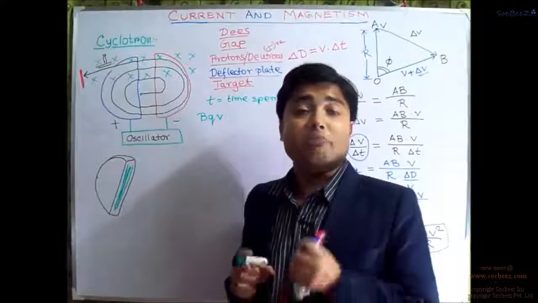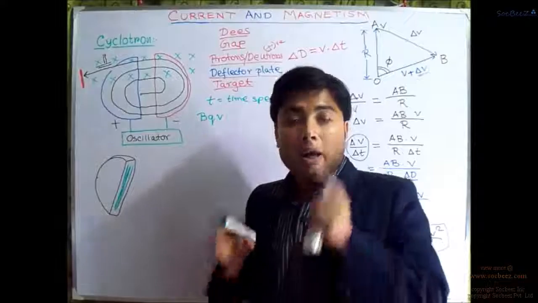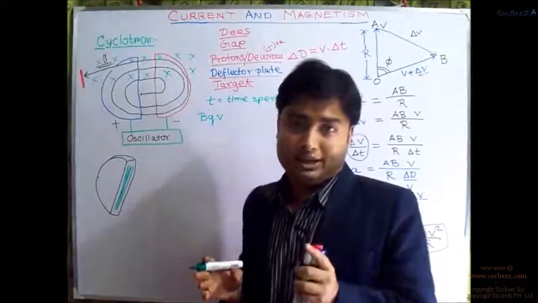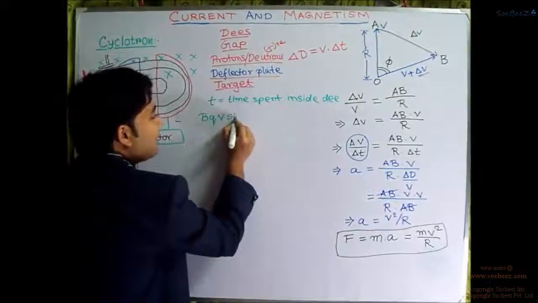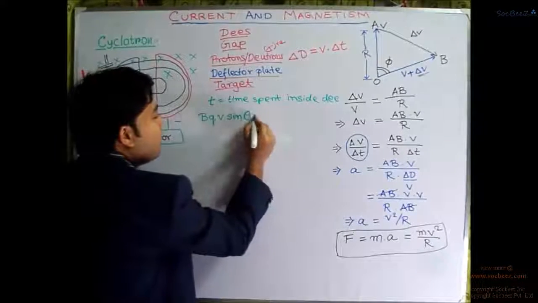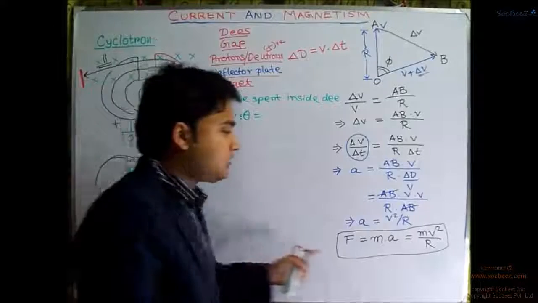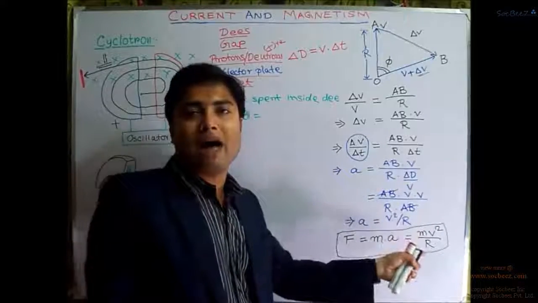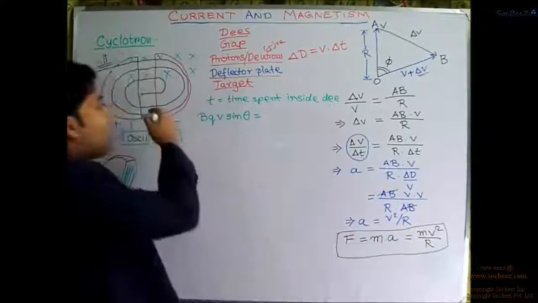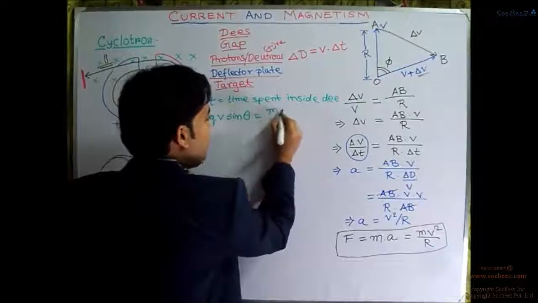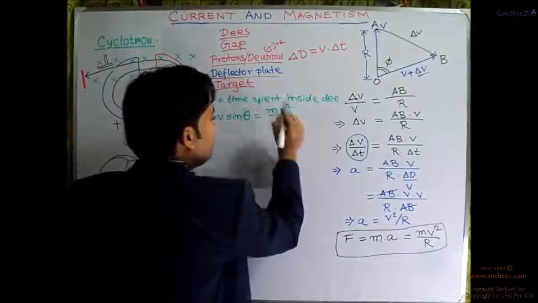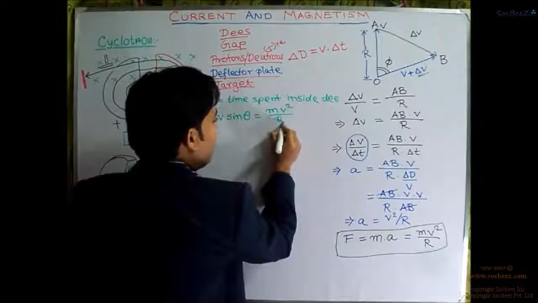Now this is produced by highly powerful electromagnets, right? So BQV sine theta will be simply equal to the force mv square by r, because this is revolving. So this will be mv square divided by r.